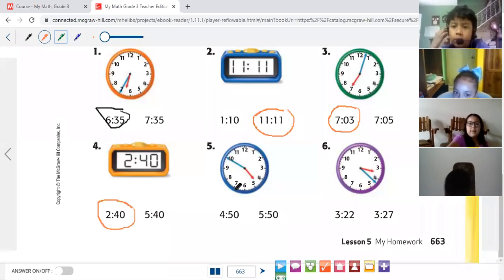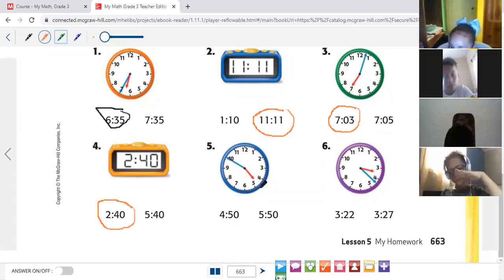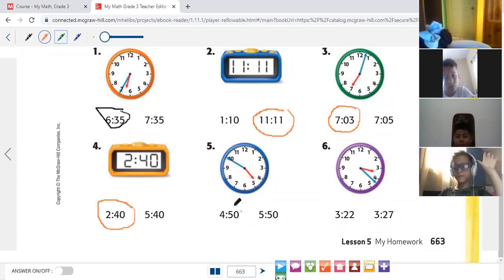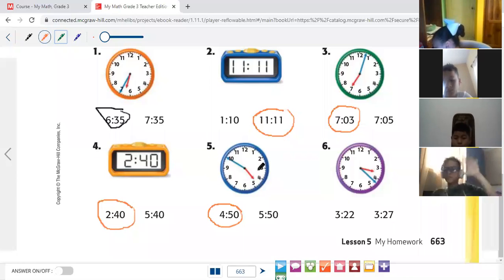What time is it on number 5, Lucy? Look at the long hand. The long hand is pointing to number 10. The short hand. 5:50. It's 4:50, Lucy. Nice try. It's near 5, so it's going to be 4. It is 4:50.